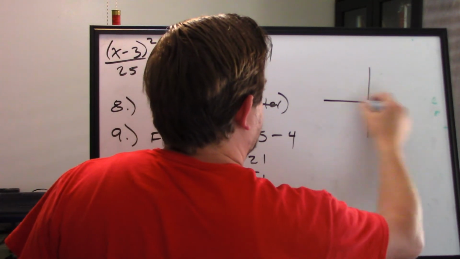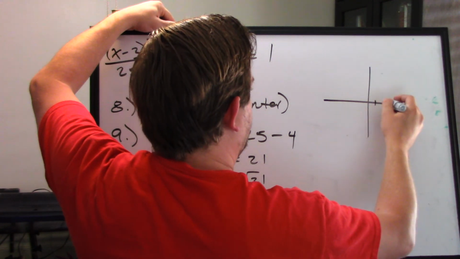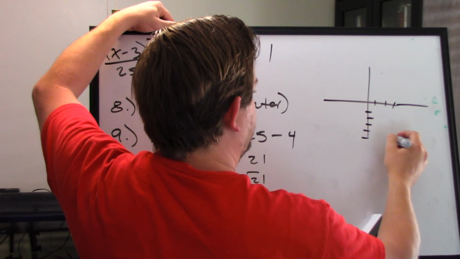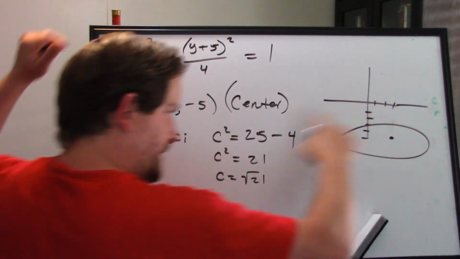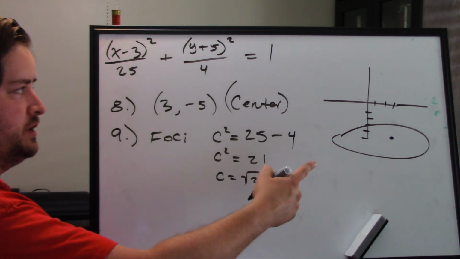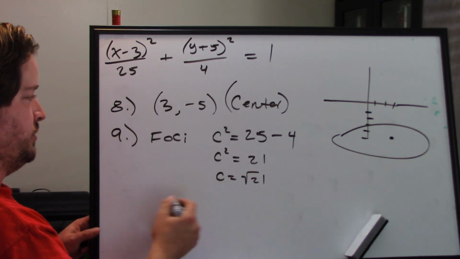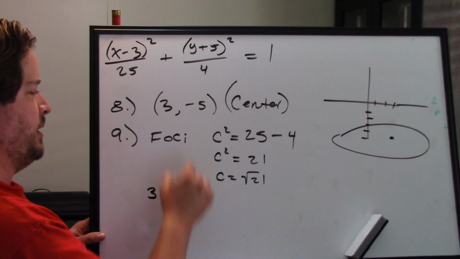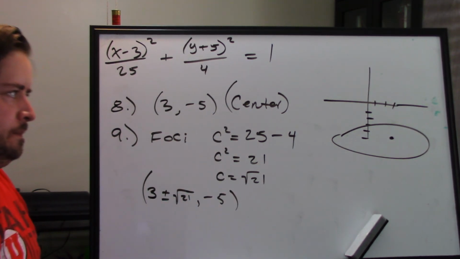So this is centered at 3, negative 5. There's my center, but it's going to get stretched out further in the x direction than it is in the y direction, and so the c is a left to right motion. And so from my center, I'm going to go plus or minus root 21. So I go 3 plus or minus root 21, and my y value stays the same. And so there's my foci.